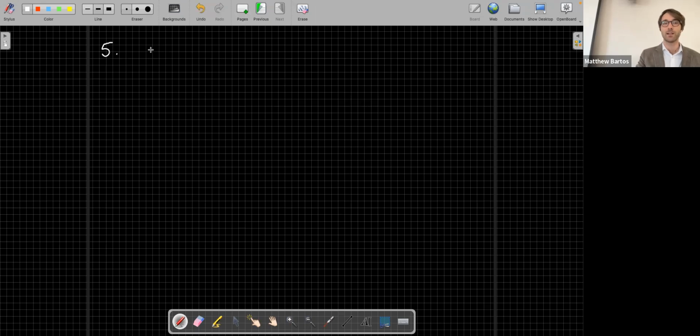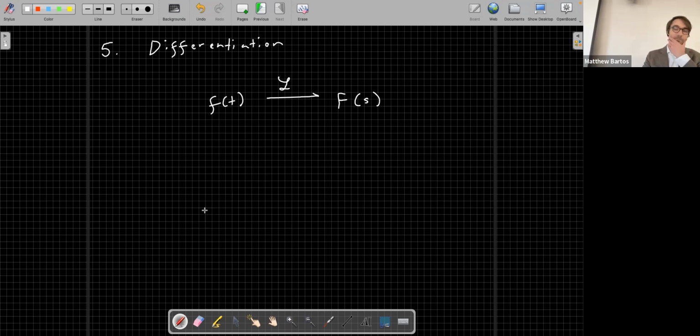important one for this class, and that is differentiation. You will be using this a lot. So let's say we have a function f of t in the time domain that maps to big F of s in the frequency domain.